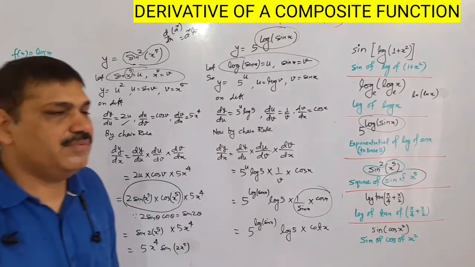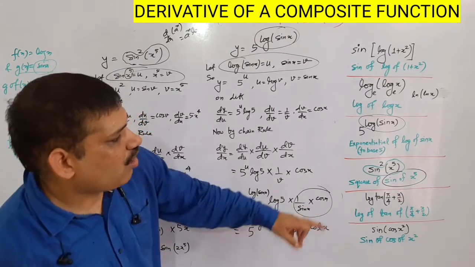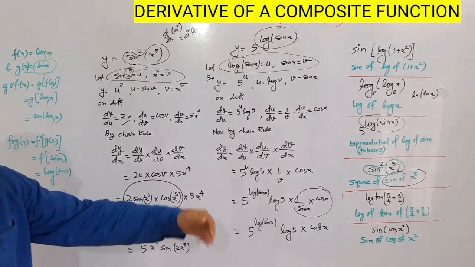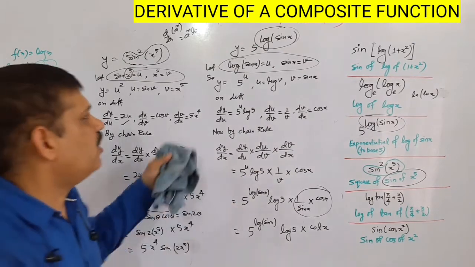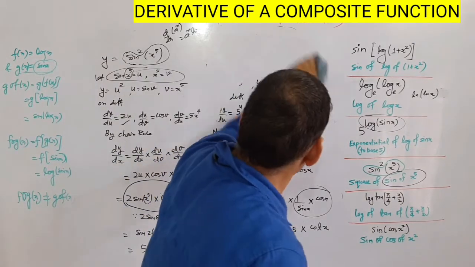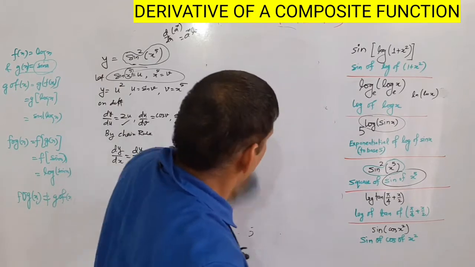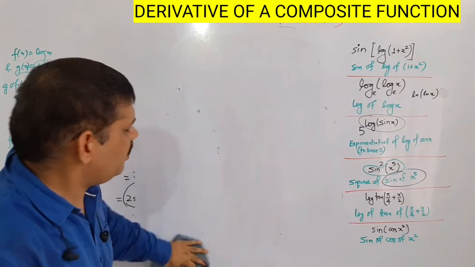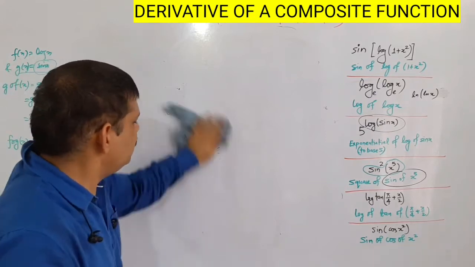Let's take the remaining examples here: log of tan of pi by 4 plus x by 2, and sine of cos of x square. Now the next is log of tan of pi by 4 plus x by 2.